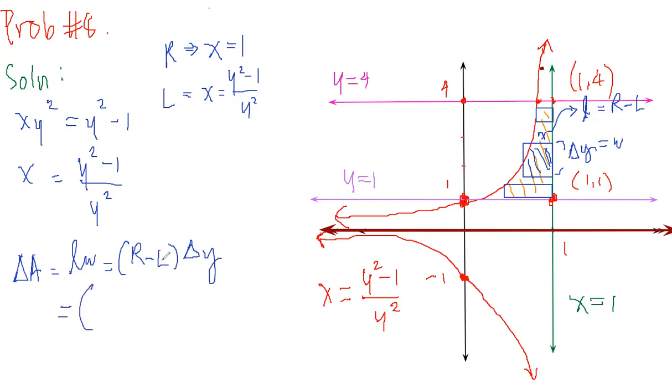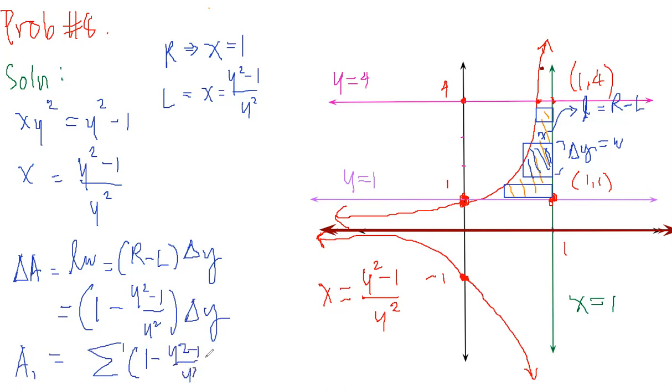Let's substitute the values of the right and left equations: 1 minus y squared minus 1 all over y squared, delta y. So let's use the Riemann sum, the summation of all the rectangular strips, from i equal to 1, where y sub i is the height here.